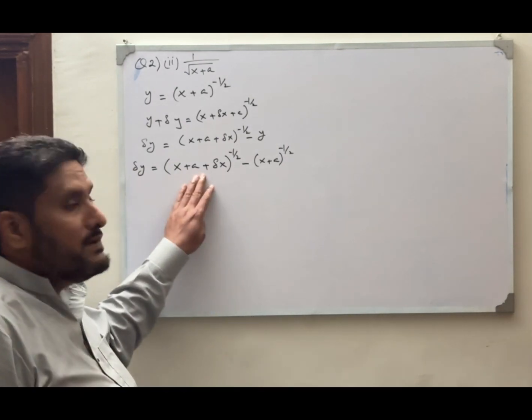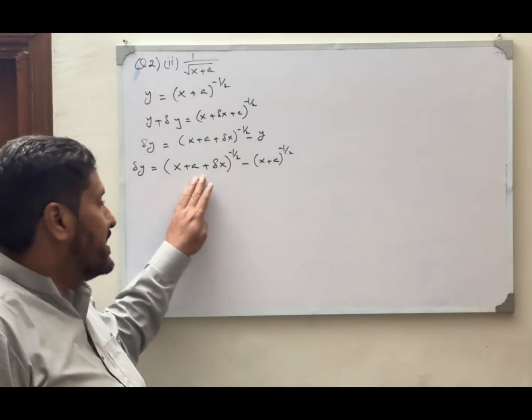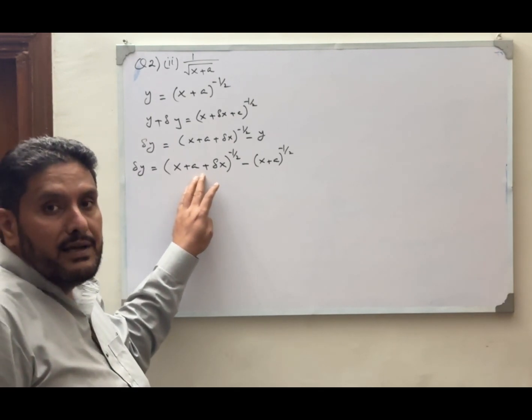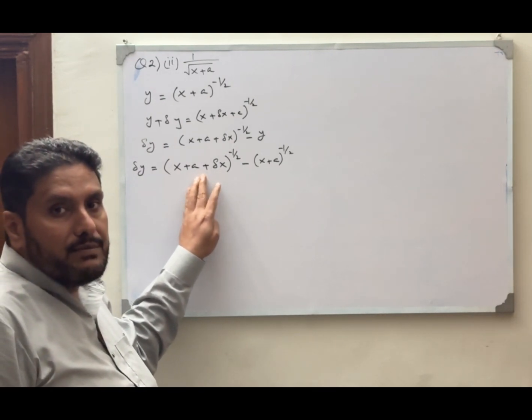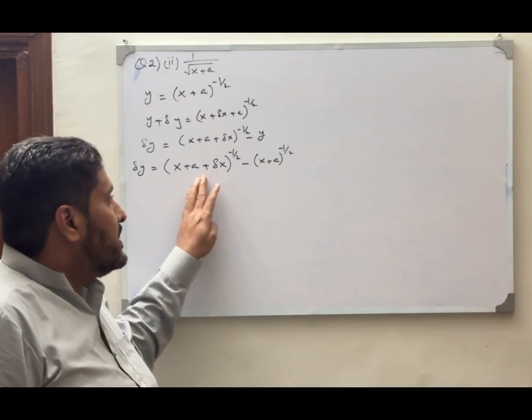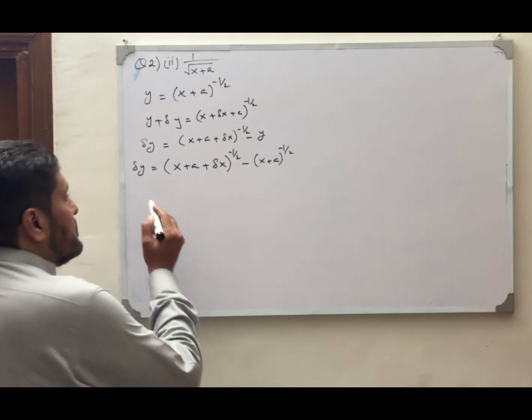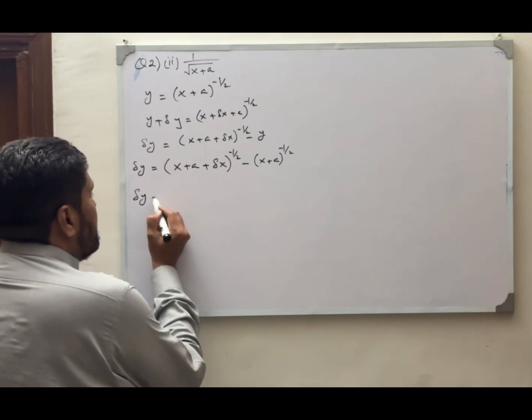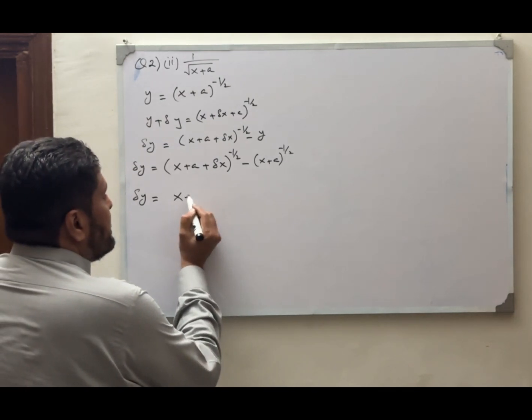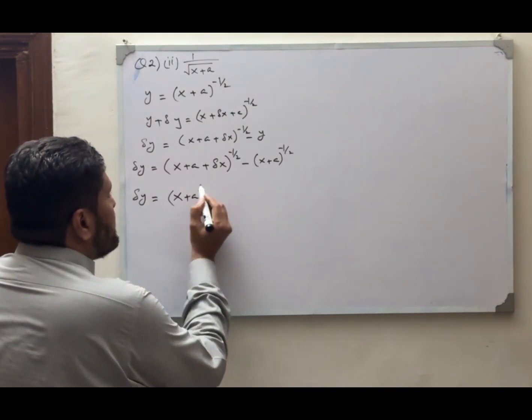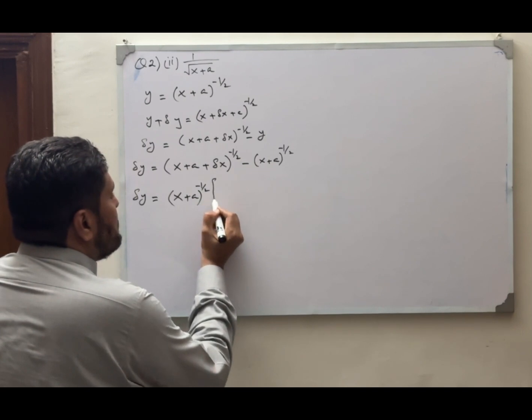Now we have to simplify this and convert it into a binomial expression, and then by applying the binomial expansion reduce or simplify this expression. So here we have to take (x plus a) power minus 1 by 2 common.